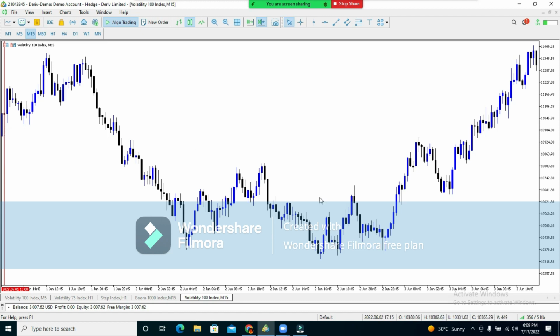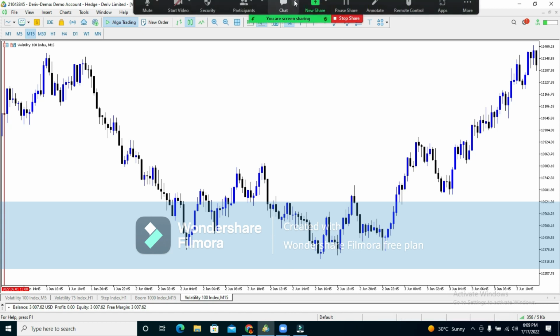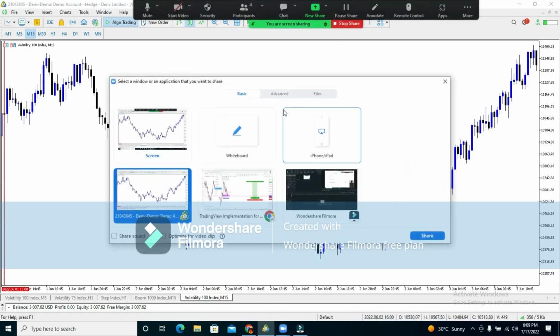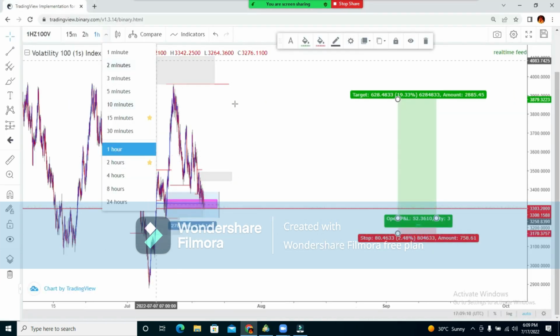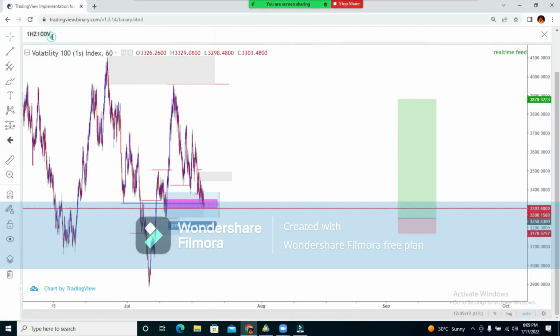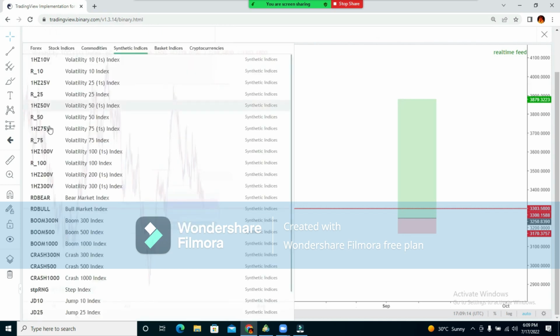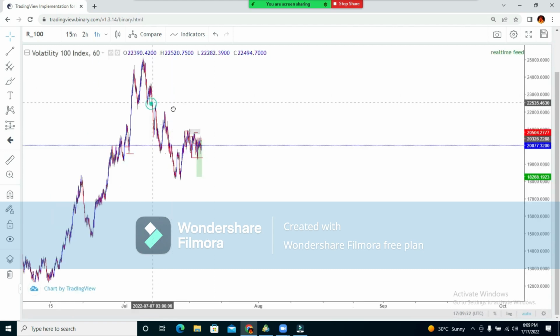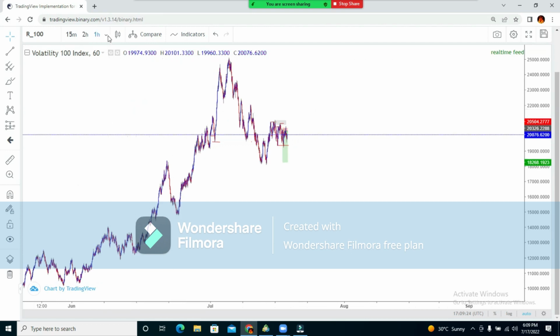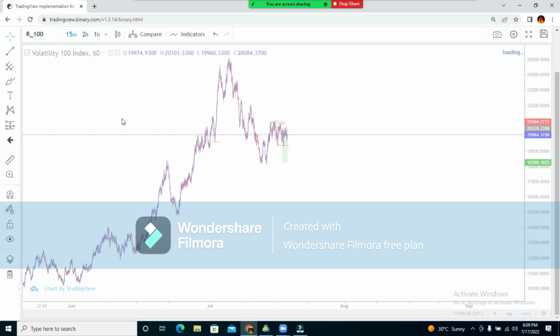Or instead, I'm thinking we should use TradingView. It's easier to analyze here. So Volatility 100, let's go to this 100 and go to the 15 minutes time frame.